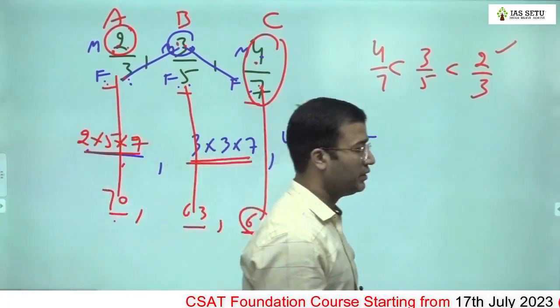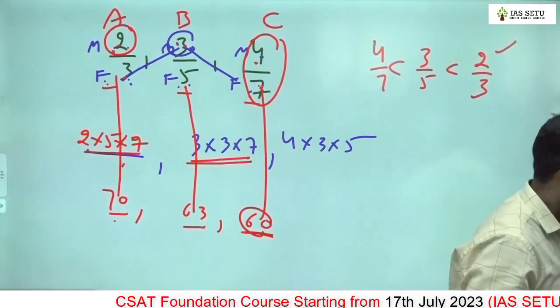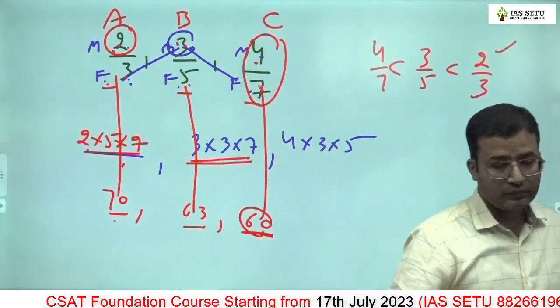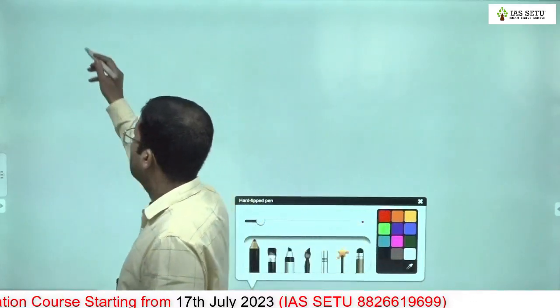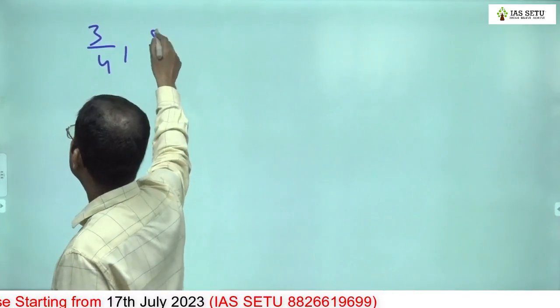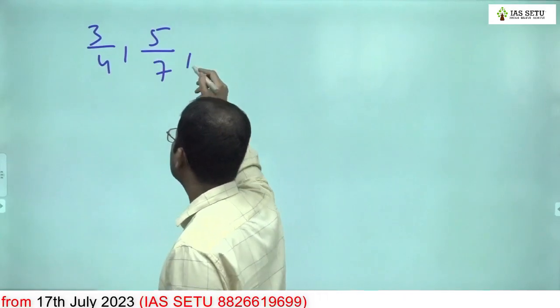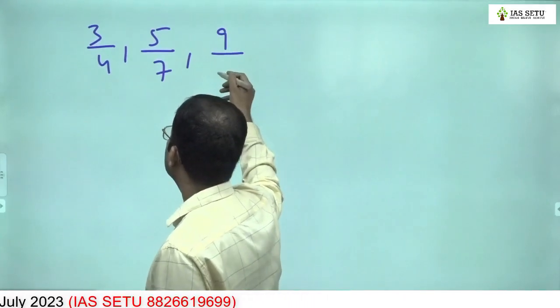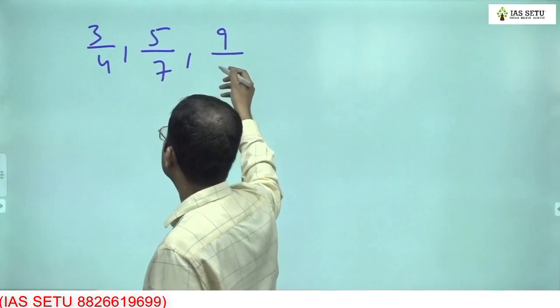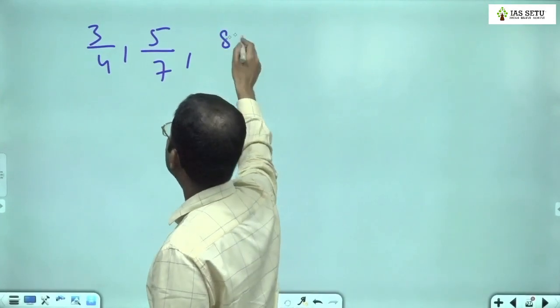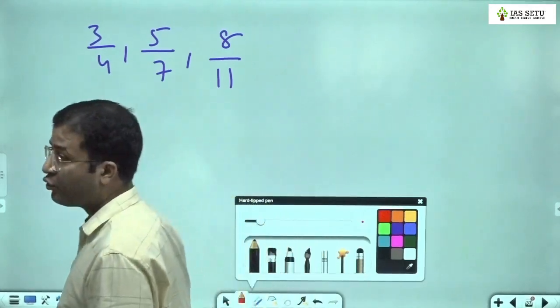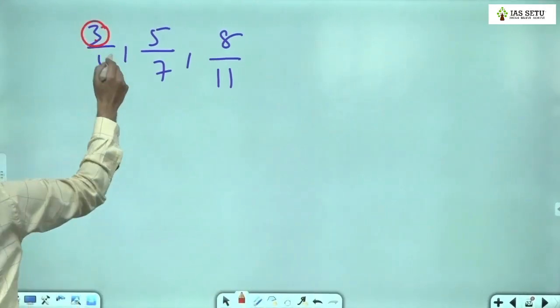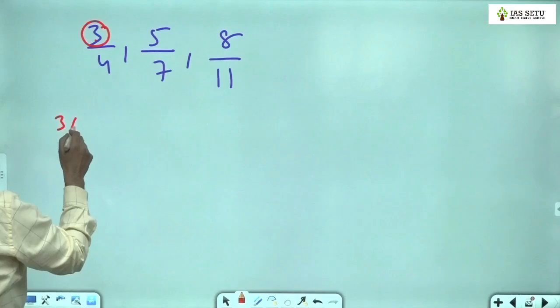I take one more example if you have not understood. Three by 4, 5 by 7, 8 by 11. So what we have to do? We have to multiply this numerator with remaining denominator.